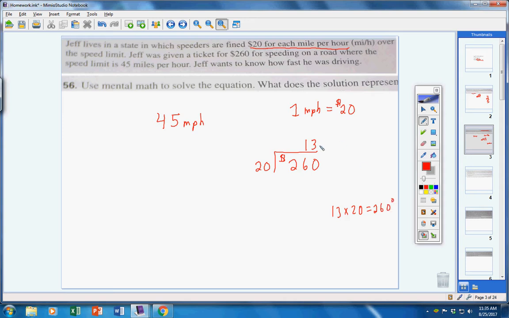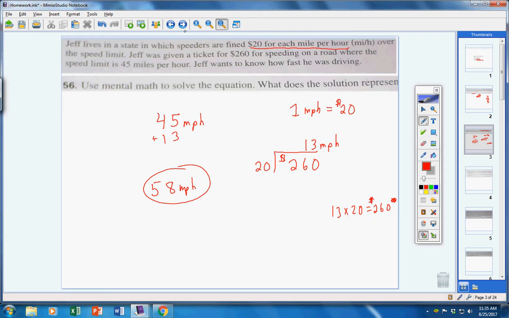So he was going 13 miles per hour too fast. He was supposed to go 45. He was going 13 over. So what was his speed? There's his speed: 58 miles per hour. That's 13 miles per hour over. Multiply that by 20 and you get a $260 fine.